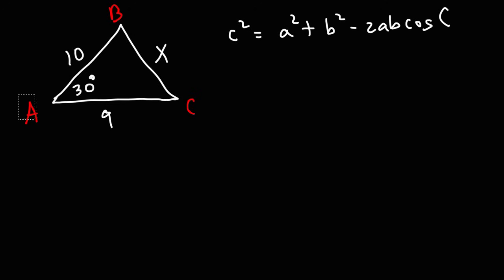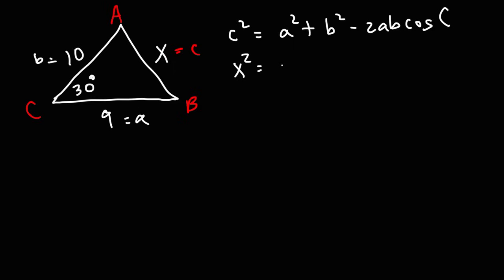Now for this problem, it might be wise to rearrange the letters. We want this to be angle C, so that x is side C. And it doesn't matter what the other two angles are. So C is x. So we're looking for x. That means that A in this example is 9, B is 10.